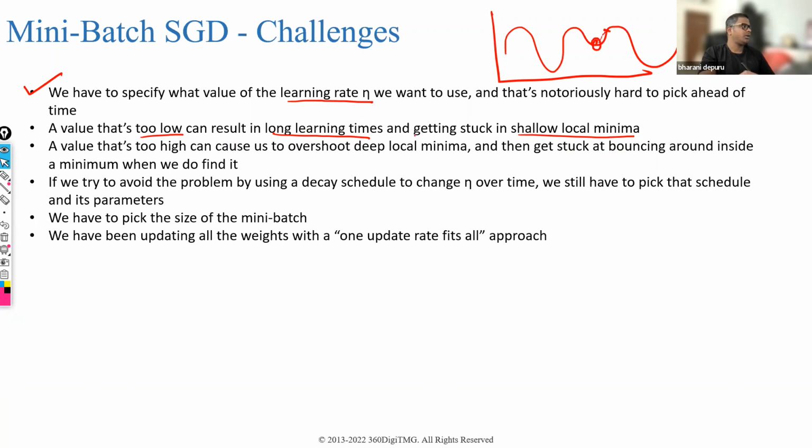If you use a very small learning rate, there's no chance of you coming here and then slowly getting to this minima. If the value is too large, if your weight gets initialized here, it will overshoot. Either way, it is a challenge. It's a double-edged sword.